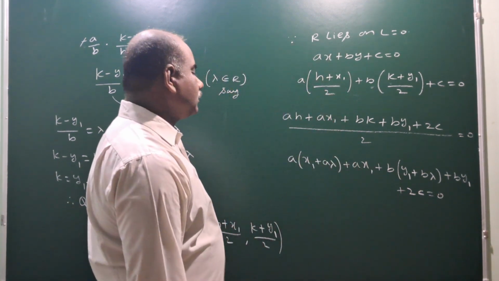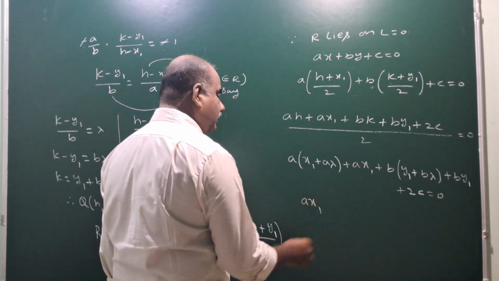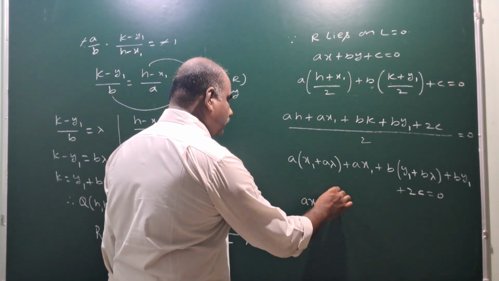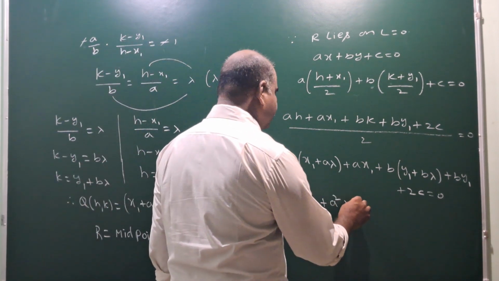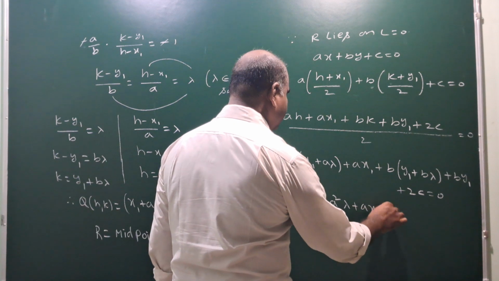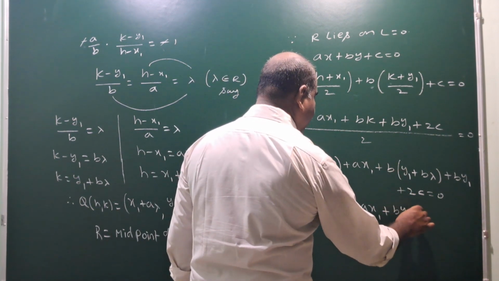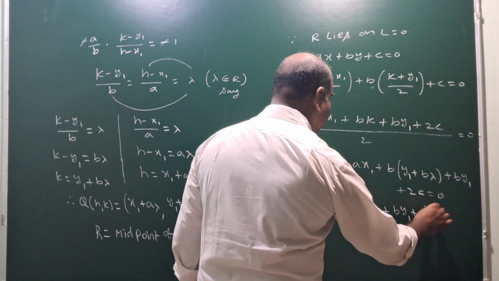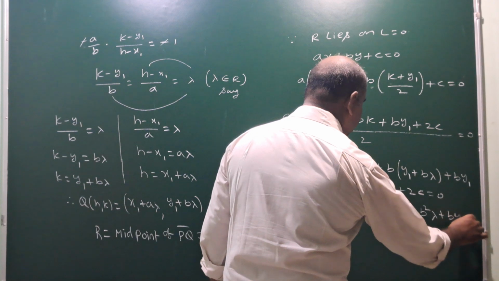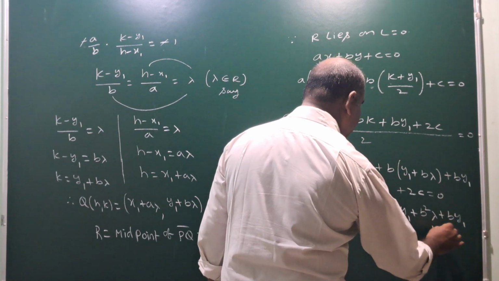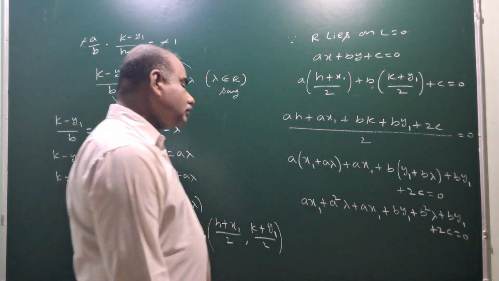Okay. Now multiply this. A into X1, AX1, A into A lambda, A square lambda. Again AX1 is there. Here B into Y1, BY1, B into B lambda, B square lambda. Again BY1 is there. Plus 2C is equal to 0.